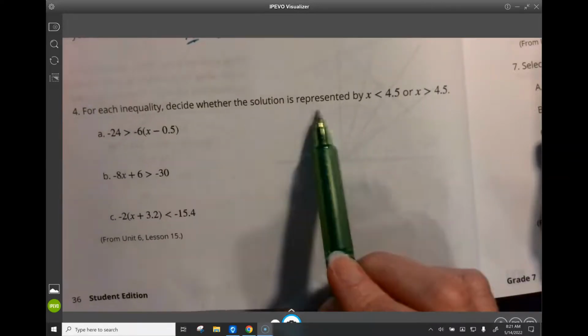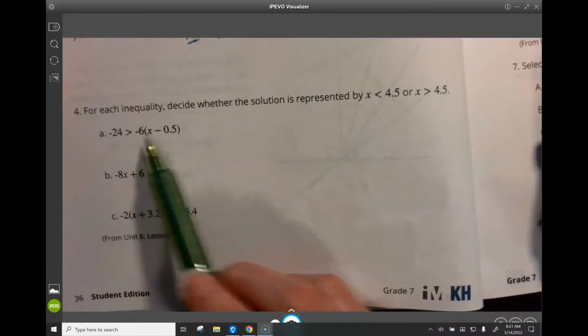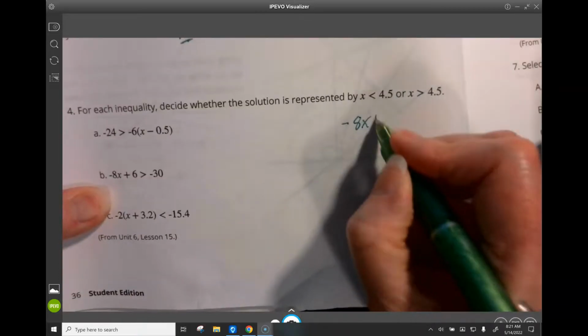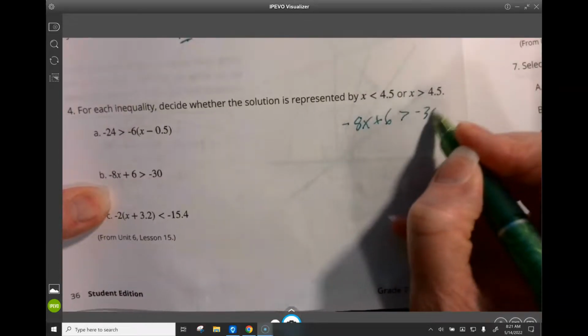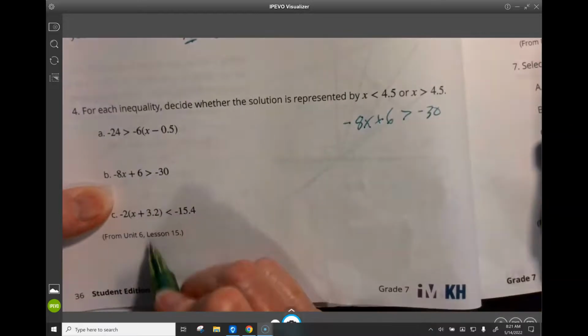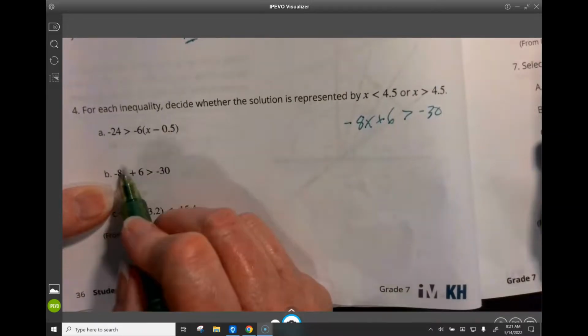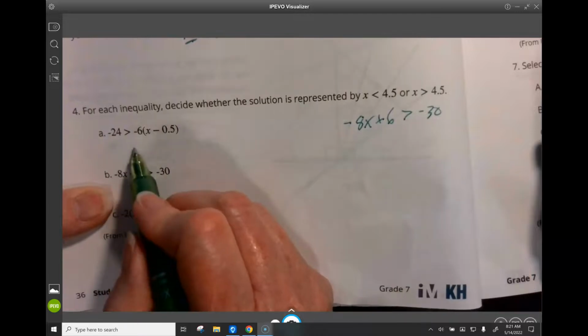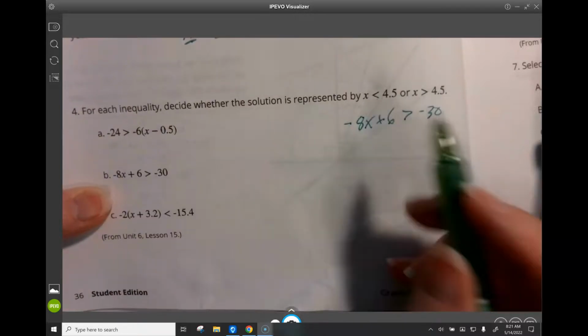So what I would do is just write out these 3 inequalities and solve for them. So, move this one over here. Negative 8x plus 6 is greater than negative 30. Solve that one. Take this one and solve it right here. And this one, you might have enough room if you move this one over here. We might be able to solve this one. And then see which one gives you those answers.